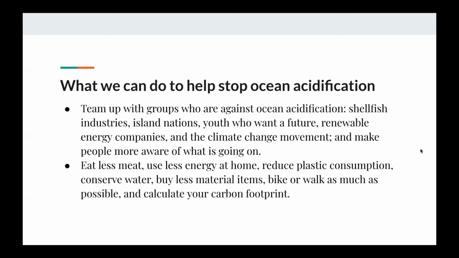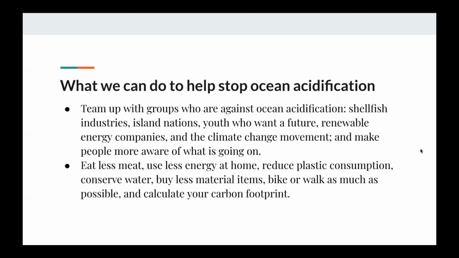Some ways that we can help stop ocean acidification: we can eat less meat. Meat production uses a lot of fossil fuels, and CO2 gets released into the atmosphere, and CO2 causes ocean acidification. We can also use less energy at home.